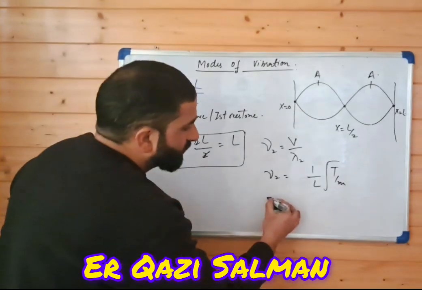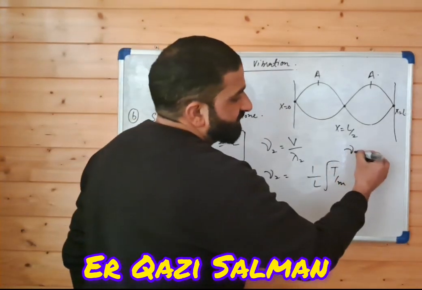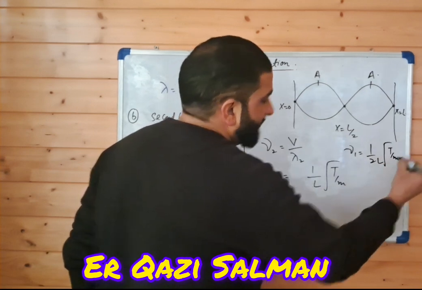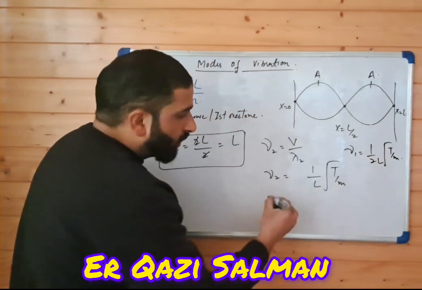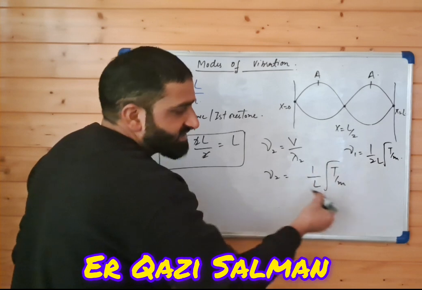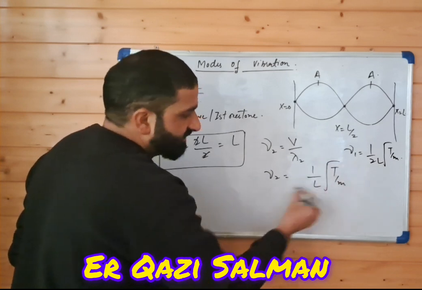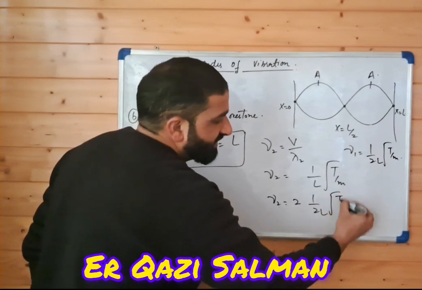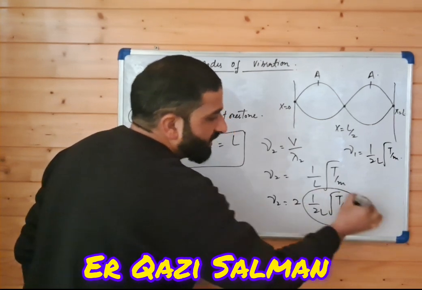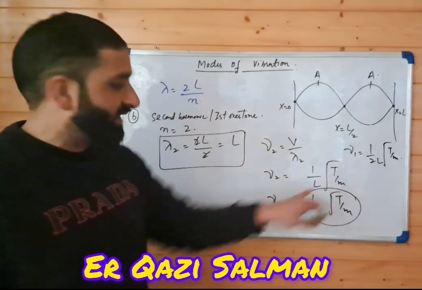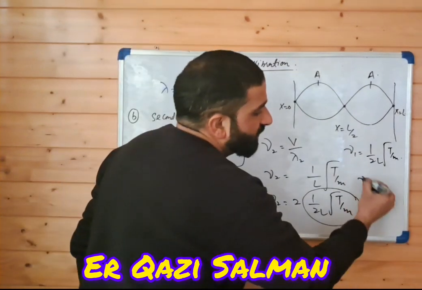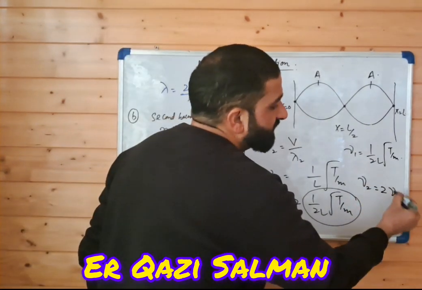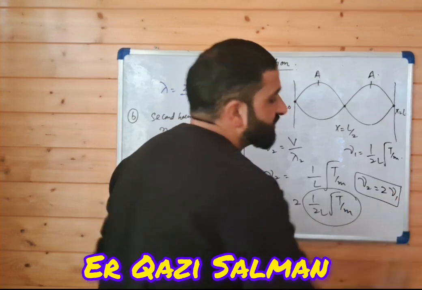We also know that for the first harmonic, nu1 is equal to 1 by 2L root of T divided by m. So nu2 is equal to 2 times 1 by 2L root of T divided by m, and 1 by 2L root of T divided by m is nu1. That means the frequency of the first overtone or second harmonic is 2 times the frequency of the first harmonic or first normal mode.